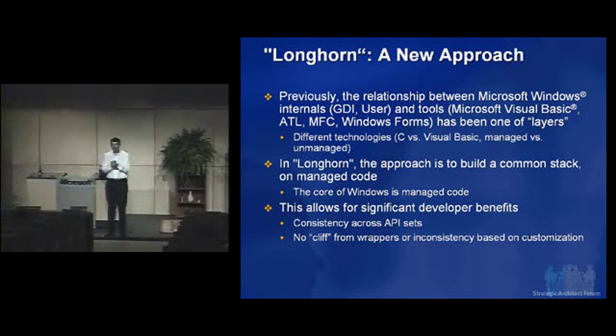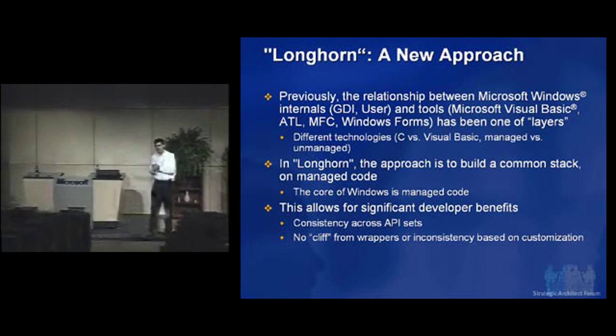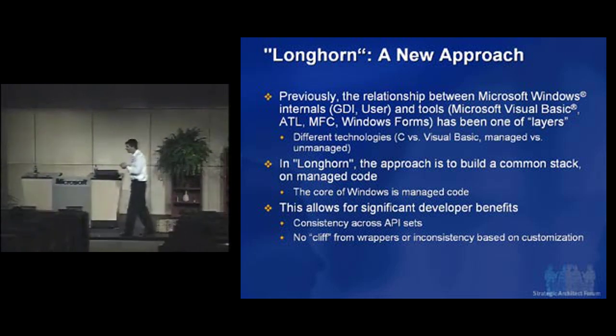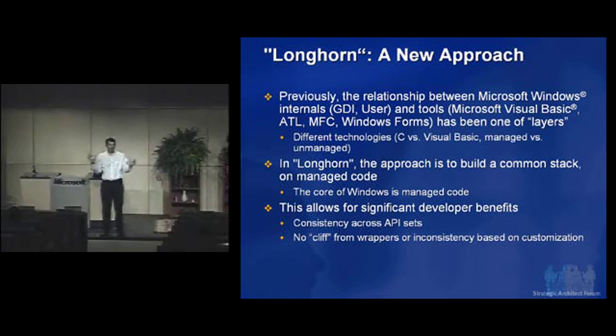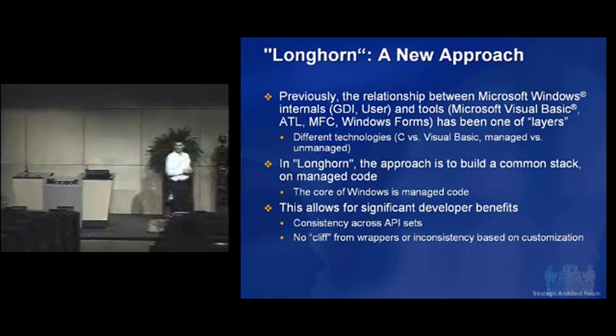Anyways, if you think about the approach that we took in Longhorn and the way that we motivated what we were doing, there was a really fundamental difference in what we're doing now versus what we've done historically. Historically, the way that the world works at Microsoft is that there's been the systems division, which produces Windows, and then under various names, the developer division that has built tools.